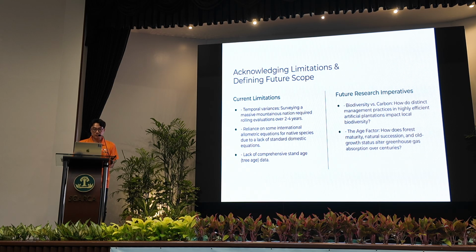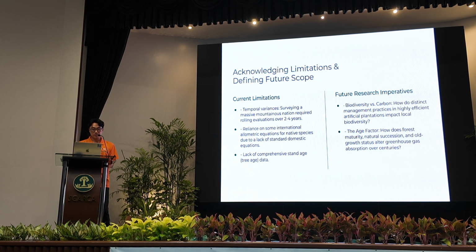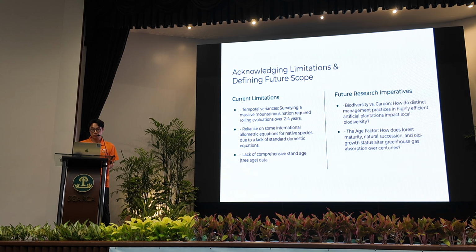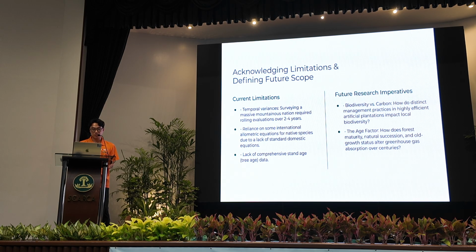Our current research has specific limitations. First, the survey requires rolling evaluation over 2 to 4 years, creating temporal variance. Second, we relied on international allometric equations due to a lack of standard domestic equations.